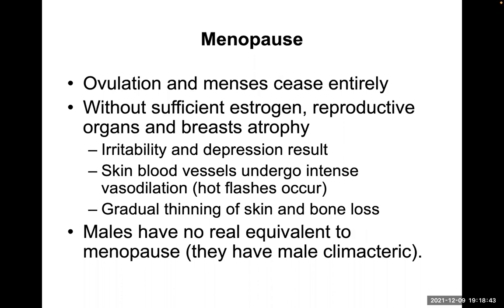So you get cessation of development of the follicles and the oocytes within the follicles. Because you don't get the development of the follicles, you don't get an increase in estrogen and progesterone. And so progesterone and estrogen levels post-menopause are very, very low compared to what those levels are in women during their fertile years.